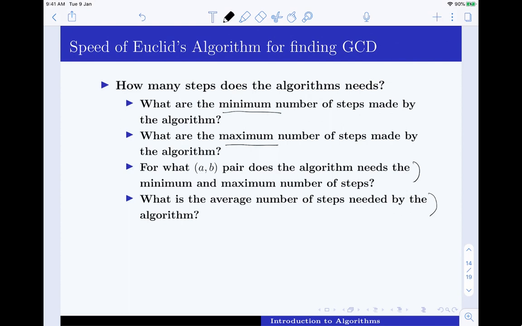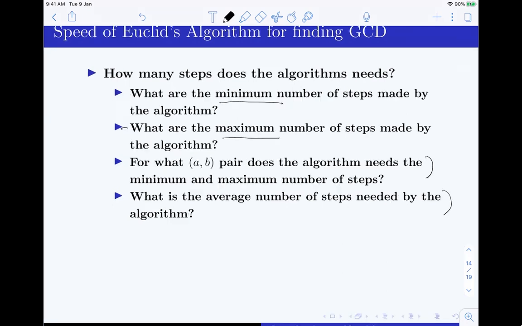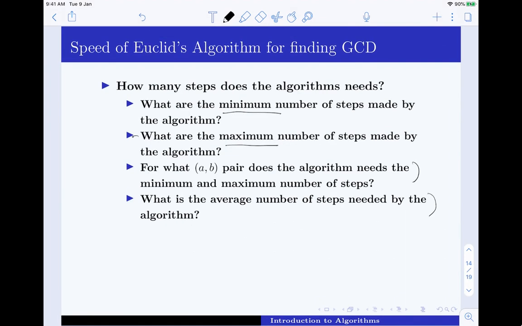Average over maybe A and B, when both are numbers chosen between 1 and n and so on, right? There are various different structures that can be. I will let you go and think about them, but I will just say a few words about this one.